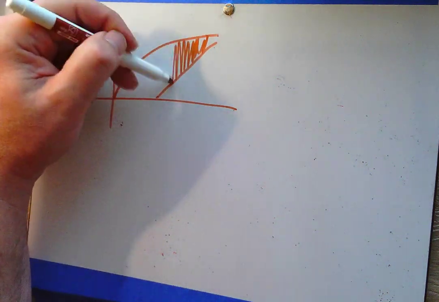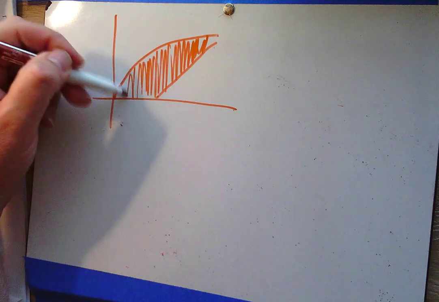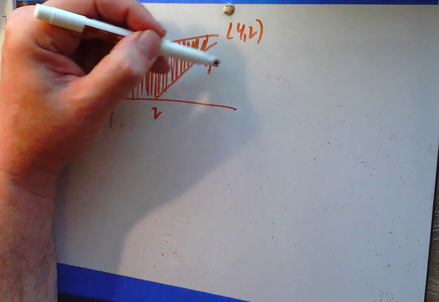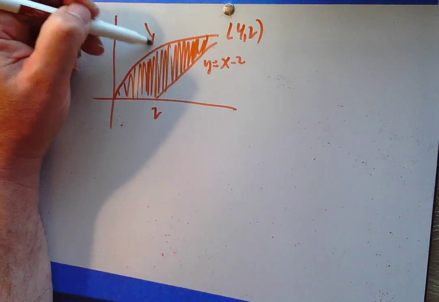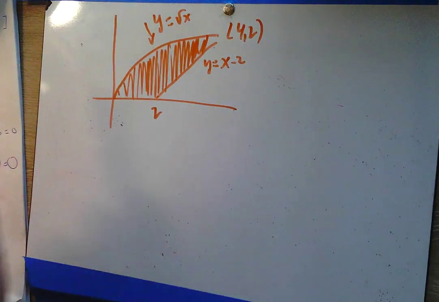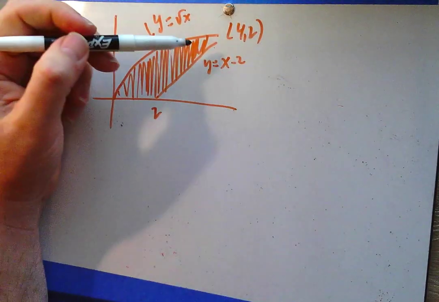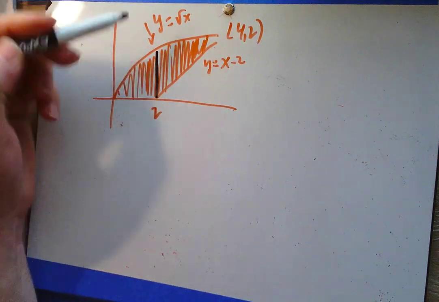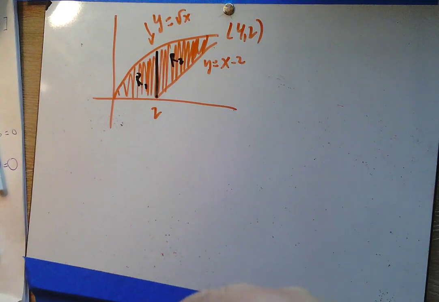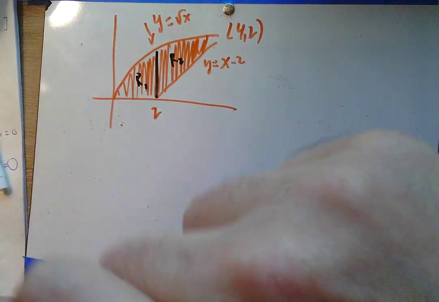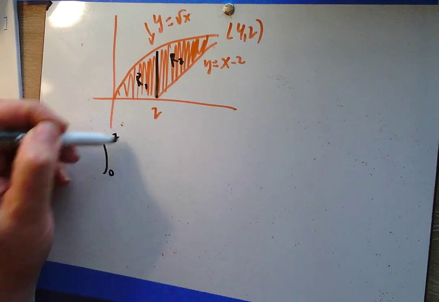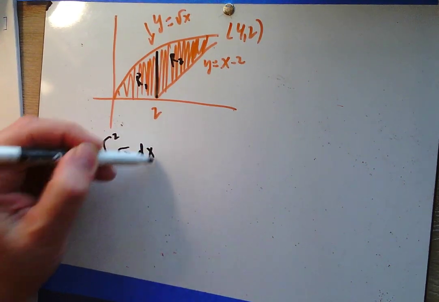There's our region. (2, 0), (4, 2), y equals x minus 2, y equals square root of x. Now, I could, of course, find each of those regions. The first region is simple enough. Integral from 0 to 2 square root of x dx.